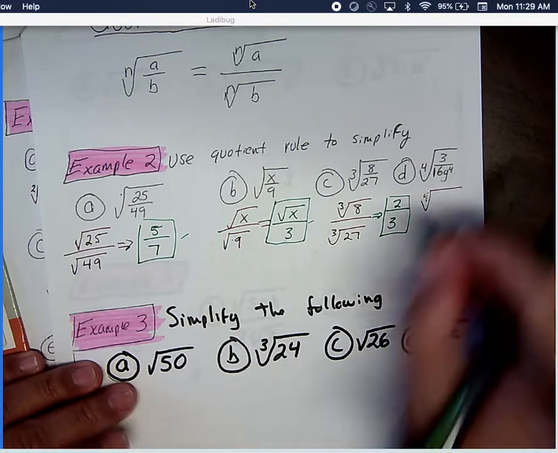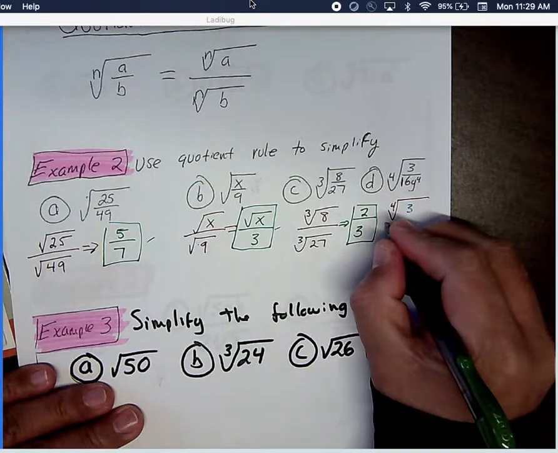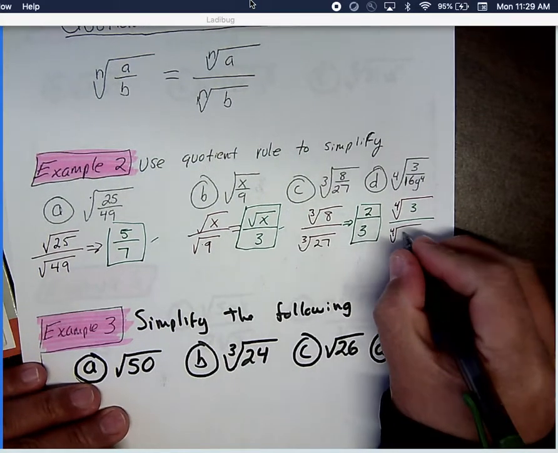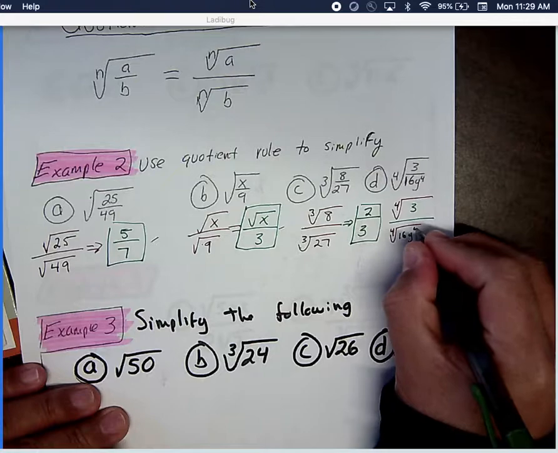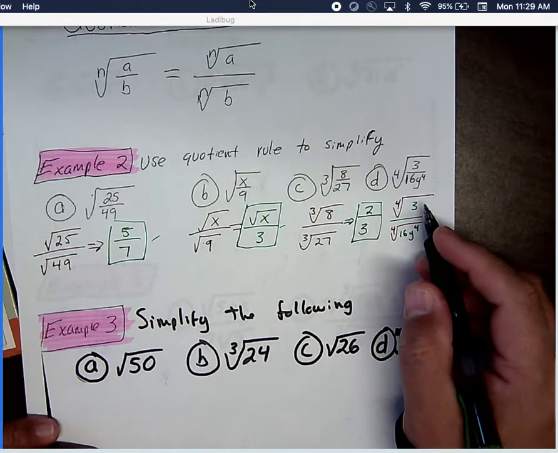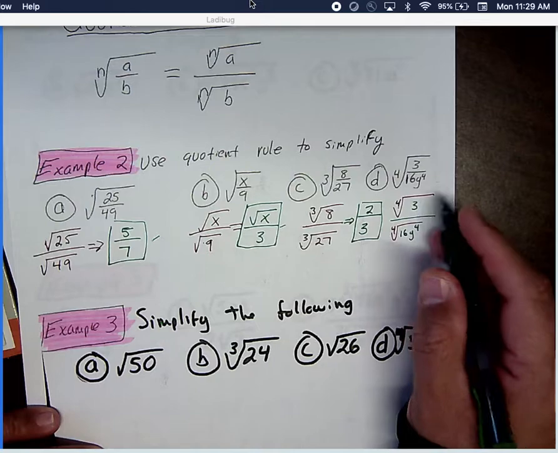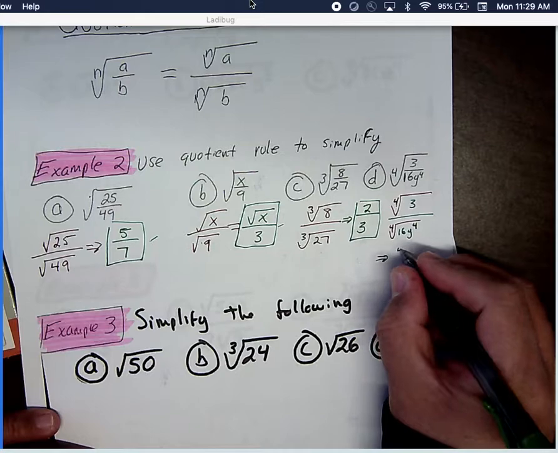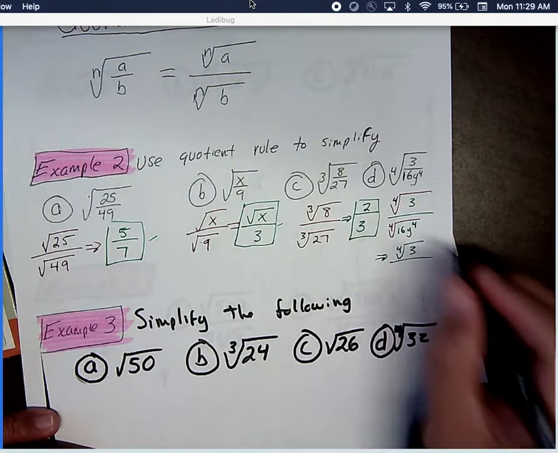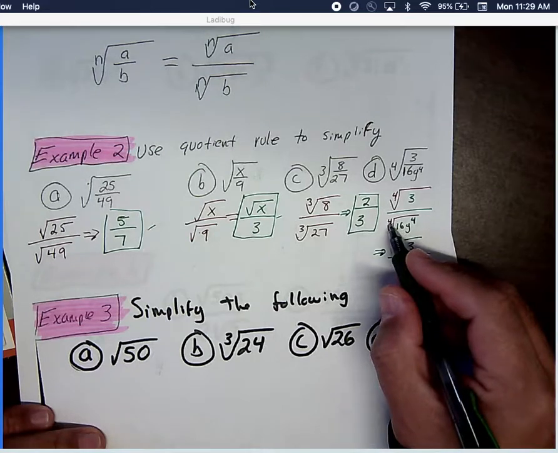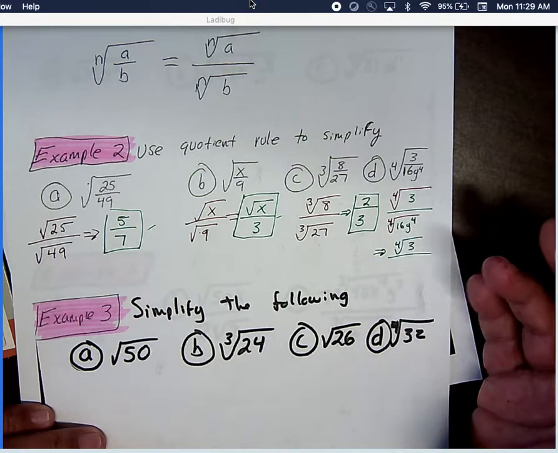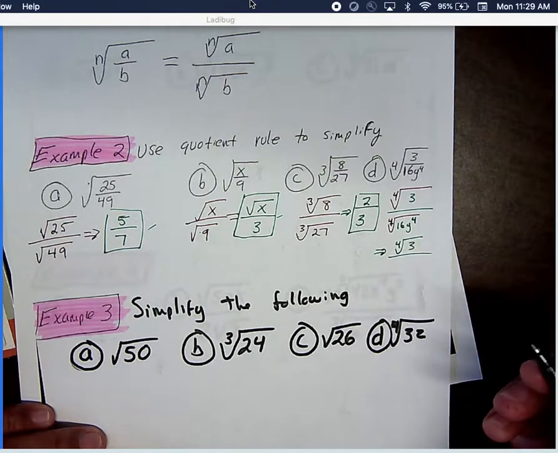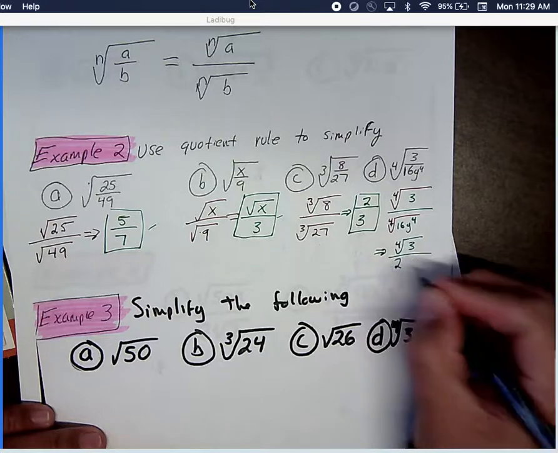So 4th root of 3 first, over the 4th root of 16y to the 4th. As you can tell, the 4th root of 3 doesn't exist, so the top part would just stay the same. The bottom part does have 4th roots, so the 4th root of 16, a number that you multiply 4 times that gives you 16 would be 2. 2 times 2, 4 times 2, 8 times 2, 16. So 2.